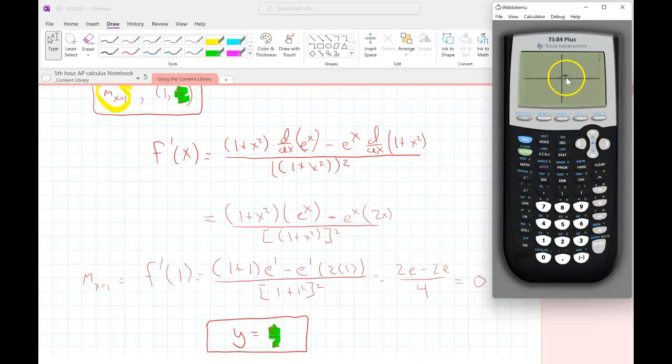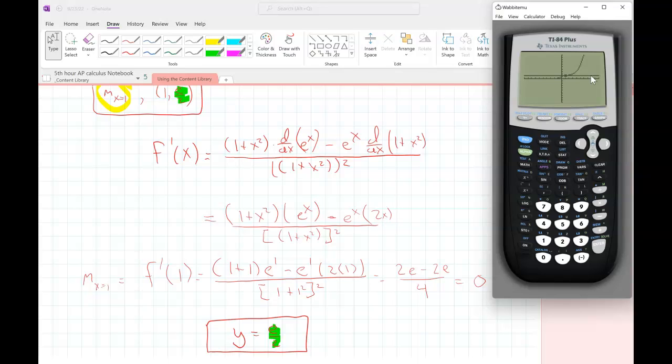So there's my point 1 comma e over 2. There's my tangent to it. Maybe that would look better if I made that a dashed line instead of a solid. So here's my function. Here's my tangent.